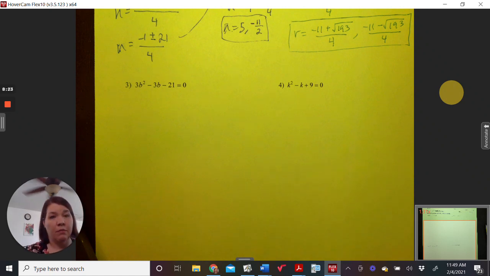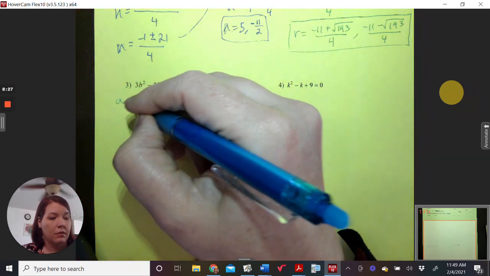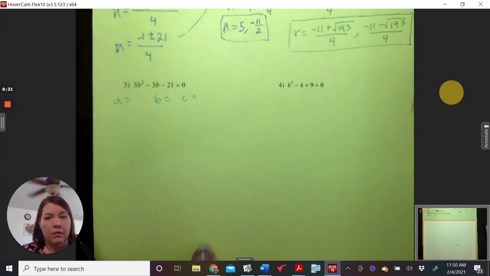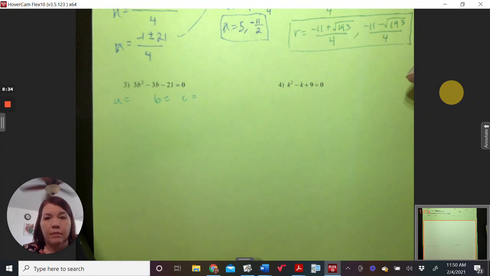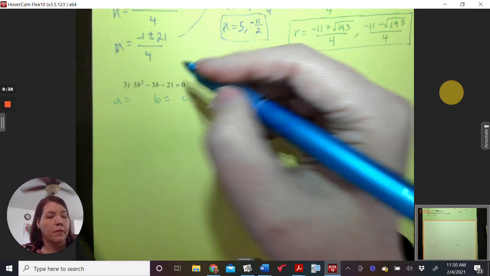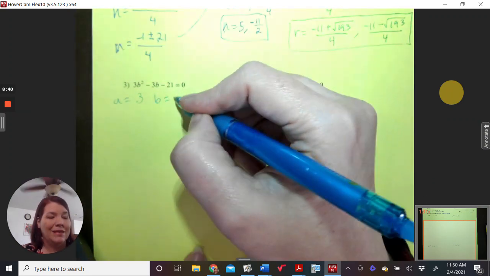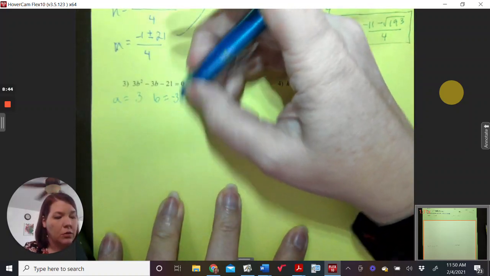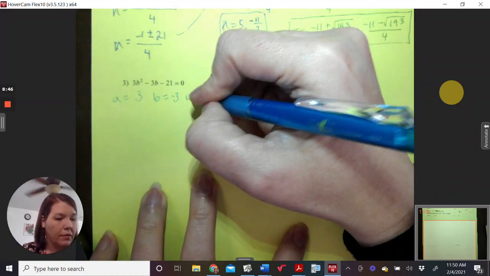We're going to start by identifying A, B, and C. So A is 3, B is -3, and C is -21.